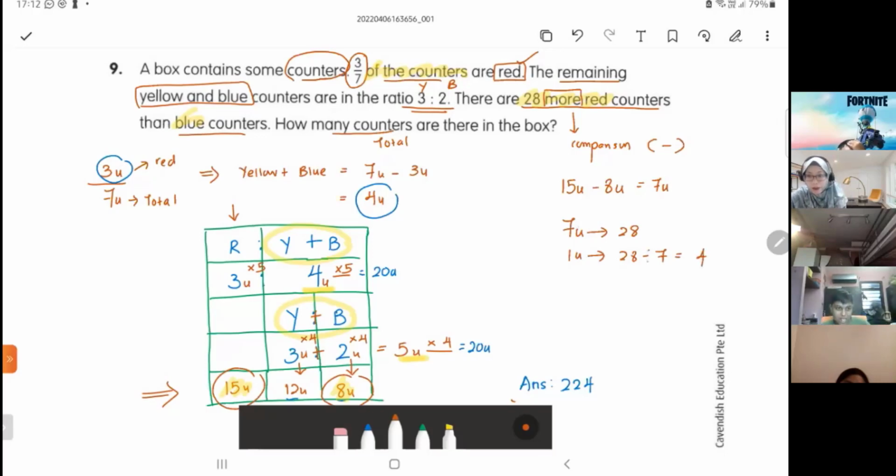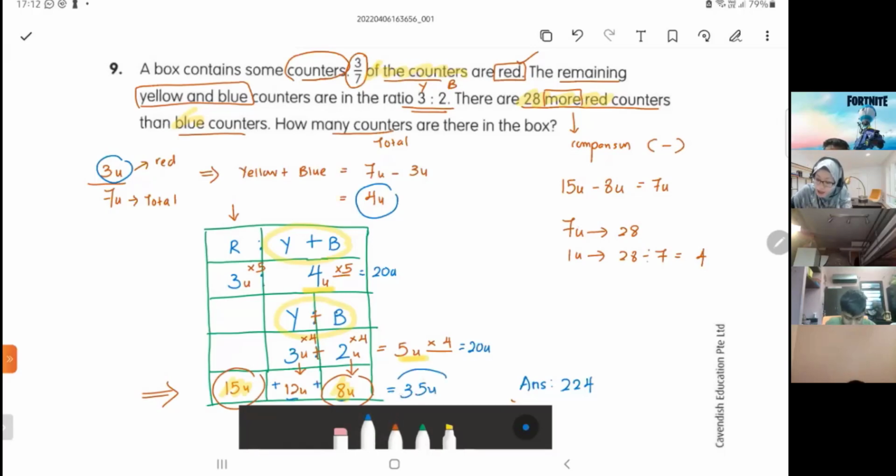Do I want that? No, I want to find the total. Total is everything. Everything means what must I do? I need to add how many units in all. If you look at this, you can simply find the total either by doing from the start here, 15 plus 20, or you can just add below. Equals 35 units.